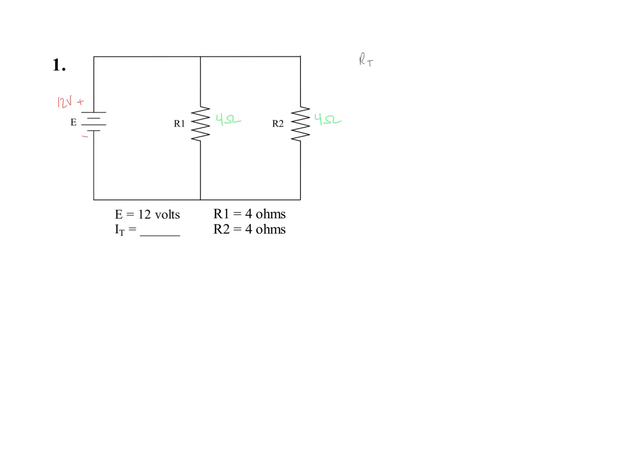For this circuit, we would write our parallel circuit formula, which is 1 over RT equals 1 over R1 plus 1 over R2. And from here, we can go ahead and plug our numbers in. 1 over 4, 1 over 4.